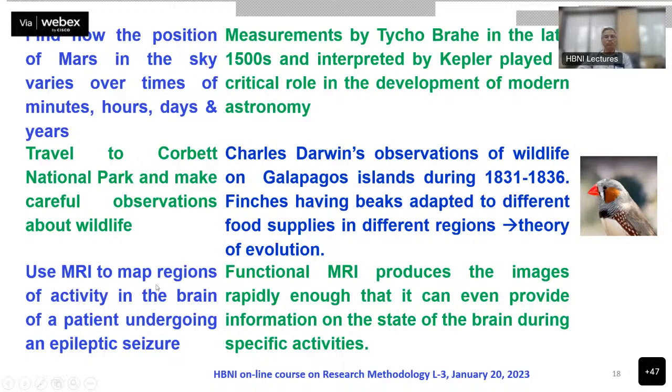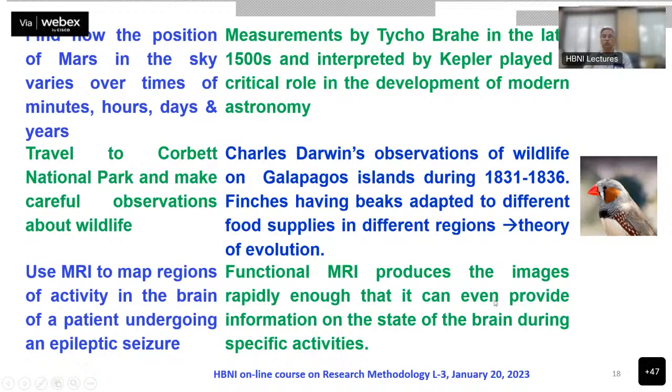Similarly, use MRI to map regions of activity in the brain of a patient undergoing an epileptic seizure. Epilepsy is a dreaded disease, and MRI can in fact tell. So, functional MRI was developed. It produces images rapidly enough that it can even provide information on the state of the brain during specific activity.